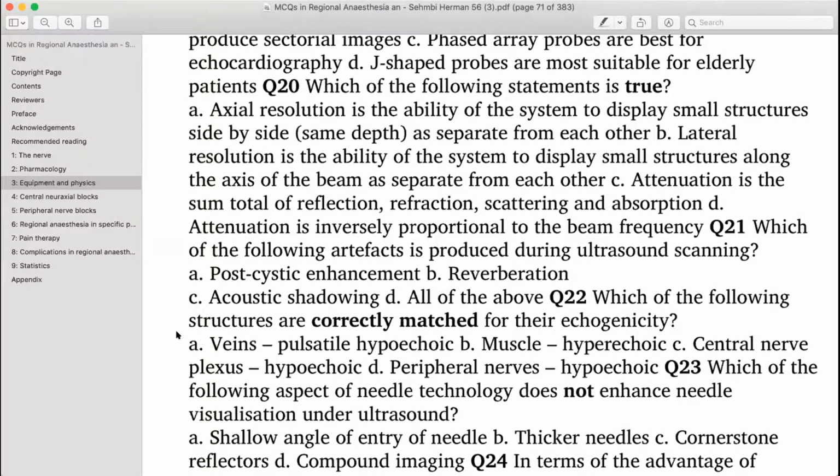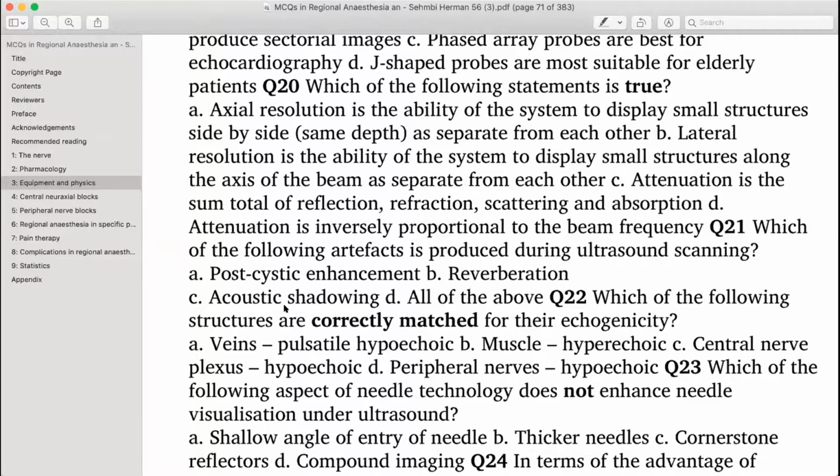Ankita has explained about acoustic shadowing, so I'm adding one more bonus question. Which of the following artifacts is produced during ultrasound scanning? Post-cystic enhancement, reverberation, acoustic shadowing, all of the above.